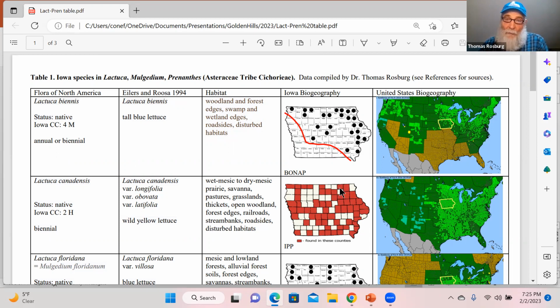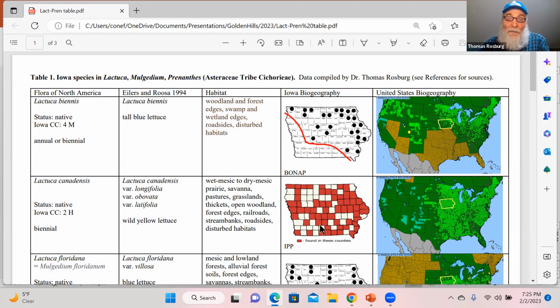In some cases, we have a better source of that, the Iowa Prairie Plants book by Paul Christensen and Mark Mueller, in which Paul Christensen, who's of course deceased, but while he was alive, spent a lot of time looking at herbaria and vouchers. He came up with these maps by looking at vouchers and determining whether that was a good voucher in terms of using it to make this map.